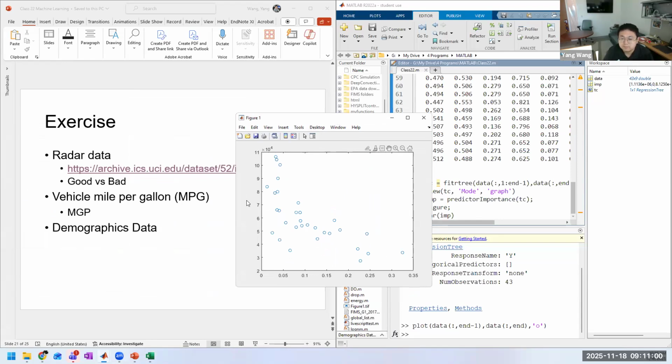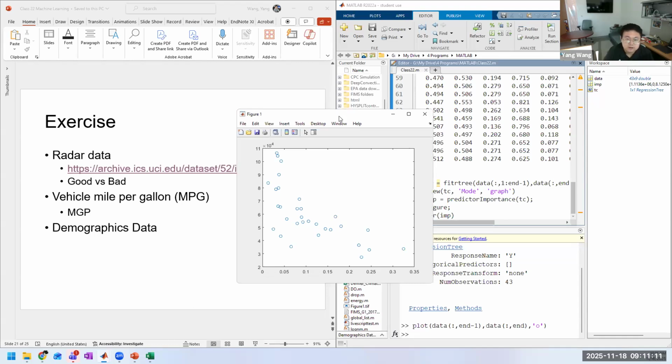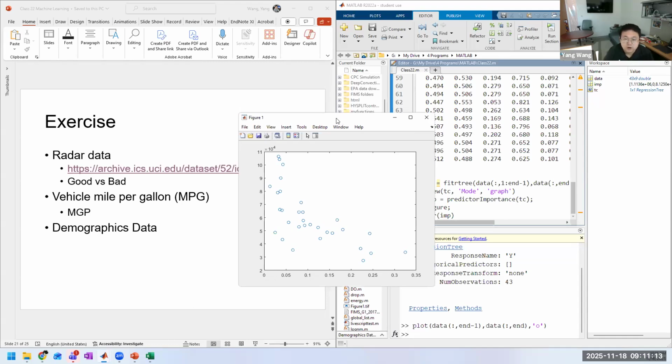But it doesn't necessarily lead to causality. You cannot really say that it's because of the education that leads to the lower household income. It could also be the other way around: because you have a lower household income, it's influencing the education, the percentage of higher education.